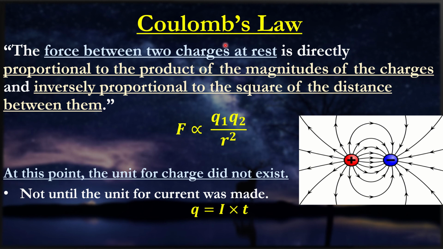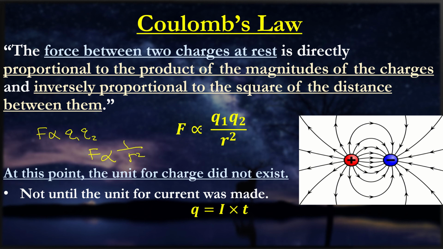Okay, so Coulomb's law is basically stated as: the force between 2 charges at rest is directly proportional to the product of the magnitudes of the charges, so what charge the 2 particles have, and inversely proportional to the square of the distance. Another way of rewriting this is that the force is directly proportional to Q1 Q2, but inversely proportional to r squared.